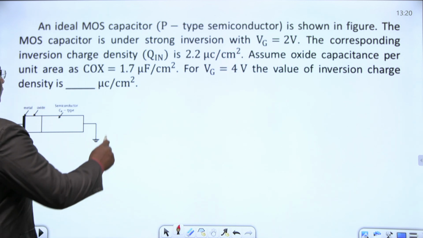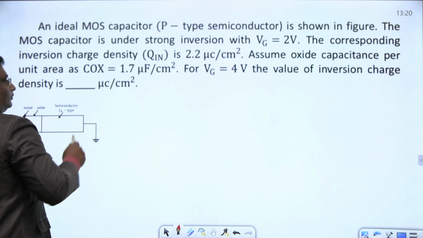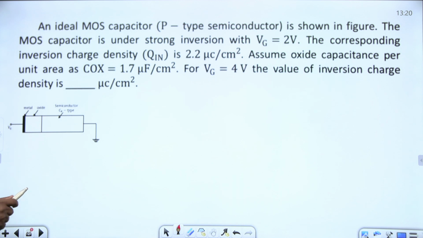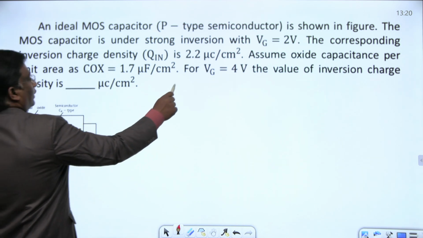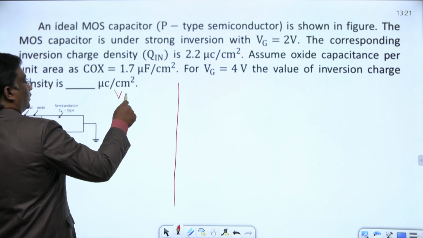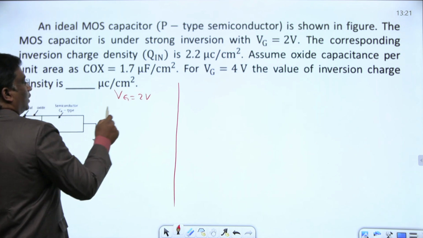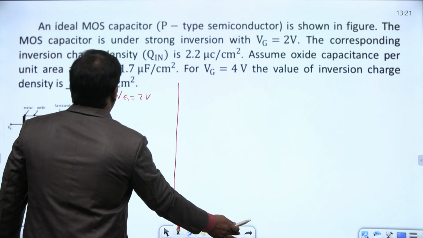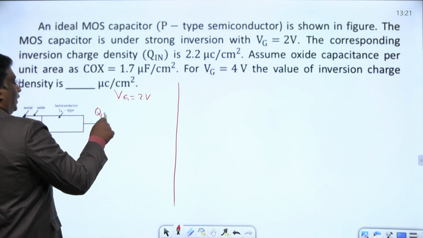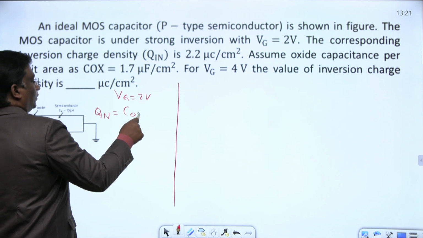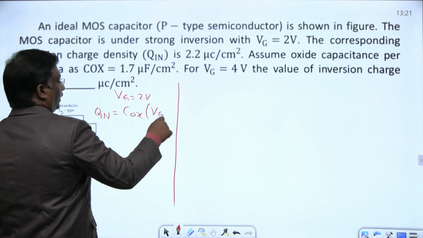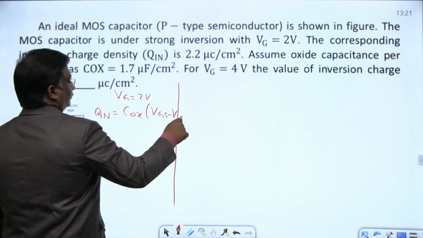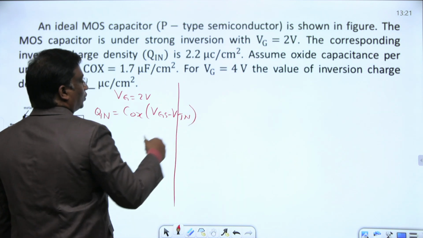Right now, tell me. Calculate. Is the threshold voltage given? First, let us see when Vg equals 2 volts. Qin equals Cox into VGS minus VTN. The threshold voltage is not given.